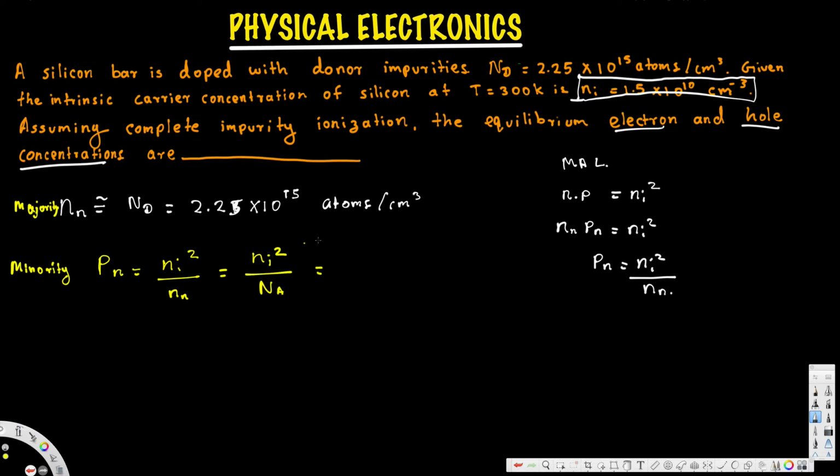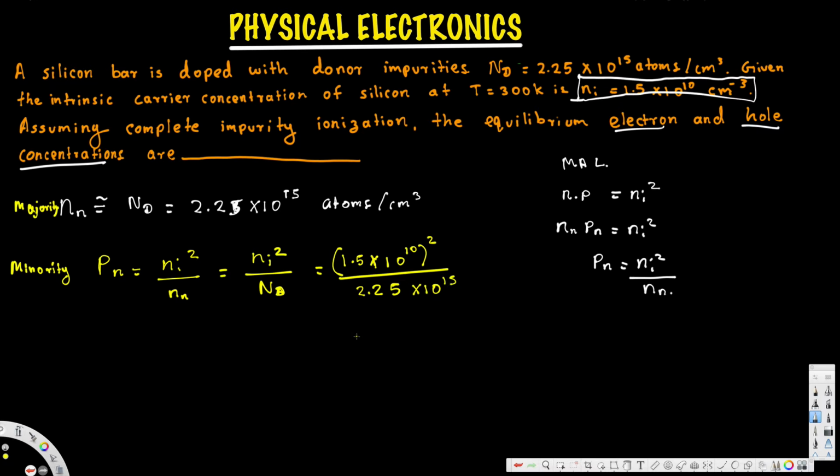Then Ni square is 1.5 times 10 to the power of 10 squared, divided by Nd, which should be 2.25 times 10 to the power of 15.